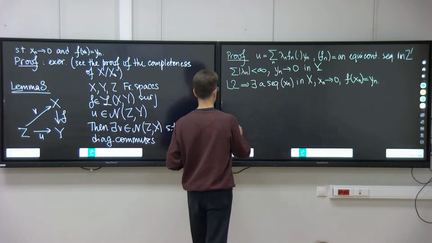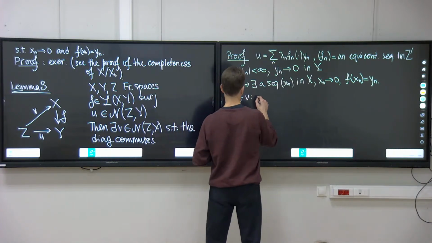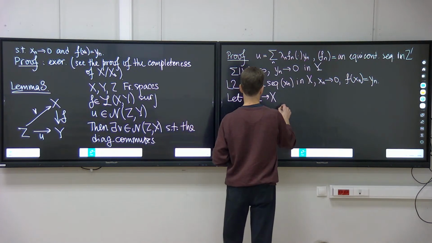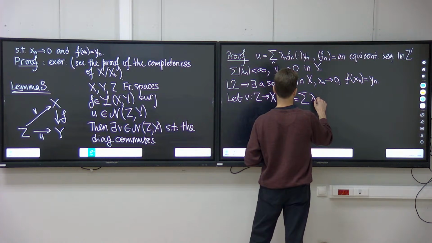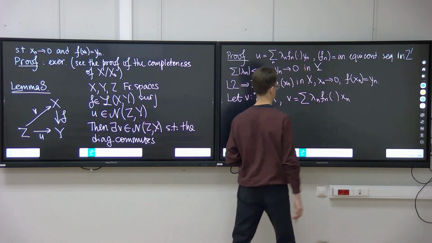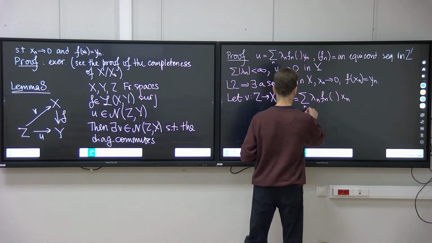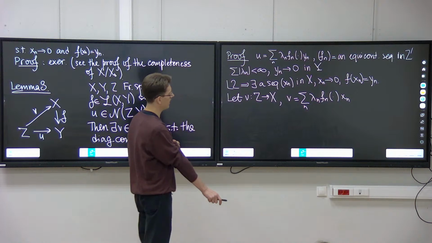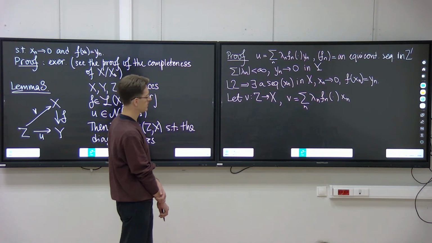And we now define v from Z to X as follows. v will be the sum of the following series. And this is more or less what we're looking for. The only thing to prove is that v is nuclear.